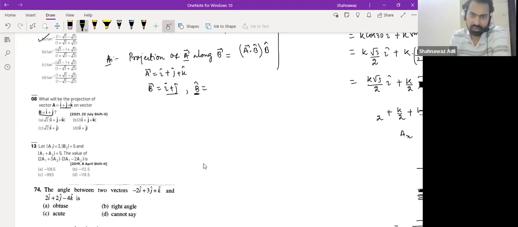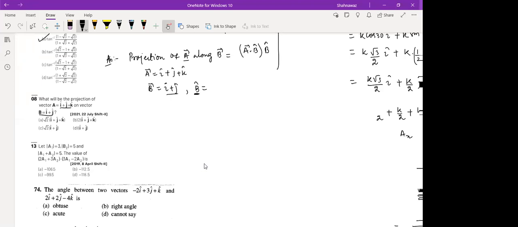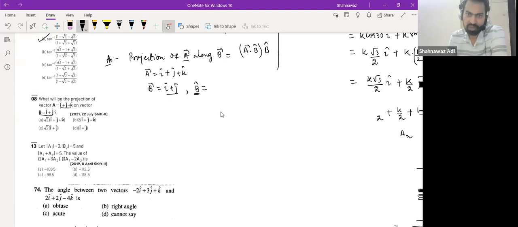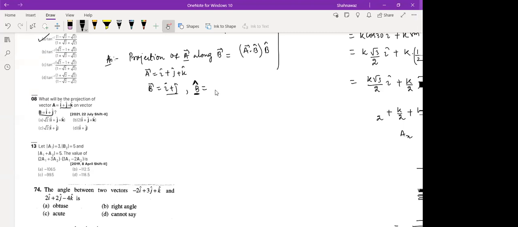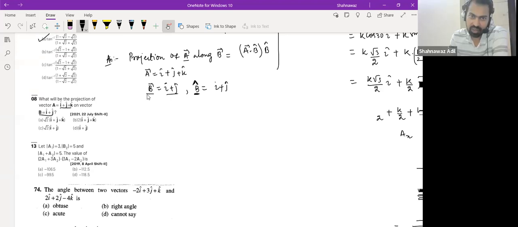Have you guys forgotten? We are only talking about the unit vector, not the resolution. Sir, i cap plus j cap. This is vector B, right?